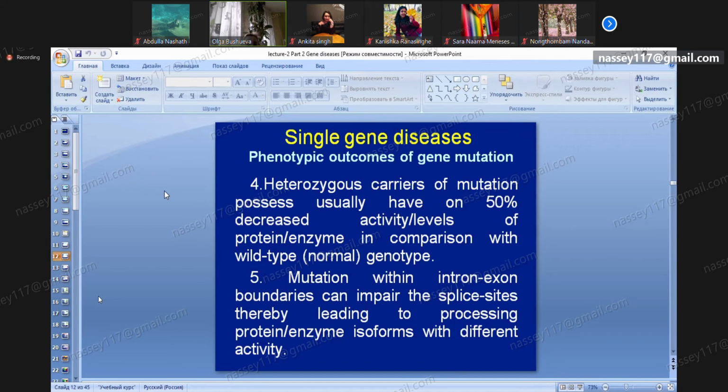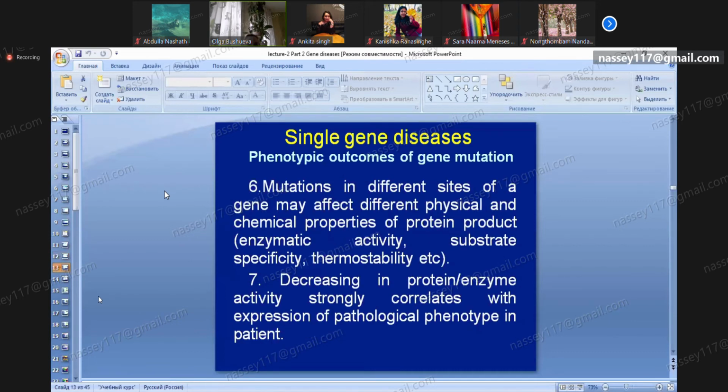Mutation within intron-exon boundaries can impair the splice sites, leading to processing of protein or enzyme isoforms with different activities.